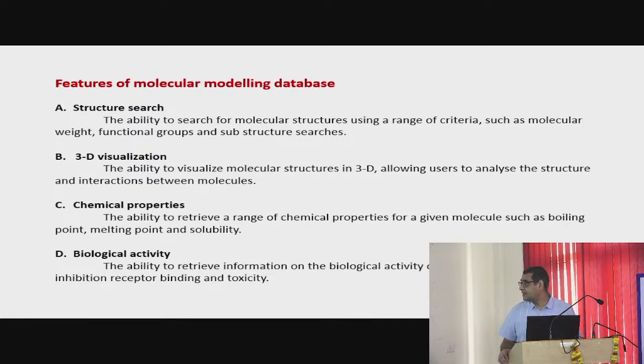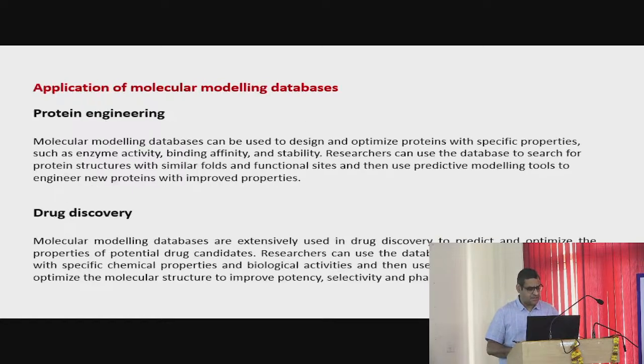Then biological activity, the ability to retrieve information on biological activity of molecules such as enzyme inhibition, receptor binding and toxicity. So this is also a very important parameter. Biological activity, chemical structure, 3D visualization and structure search. These all things are available in the molecular modeling databases.